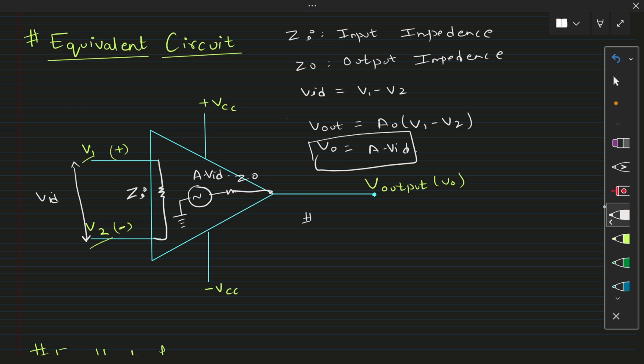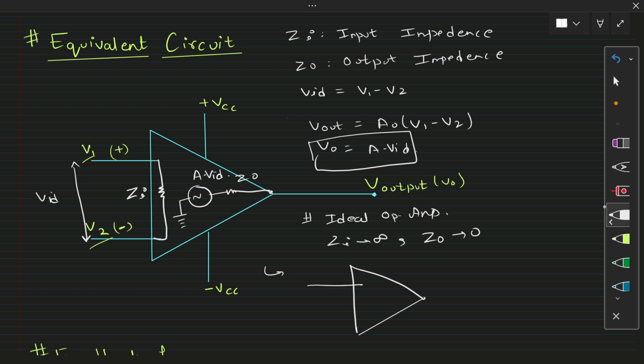So let's see an ideal operational amplifier. For an ideal operational amplifier, ZI, the input impedance value, is near to infinity, and the output impedance value is near to 0. So you can draw the equivalent circuit like this. As the value of ZI is near to infinity, you can remove this impedance here, so this is basically an open circuit.